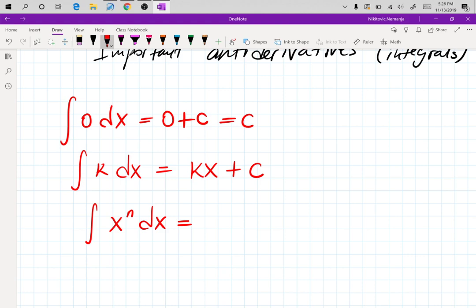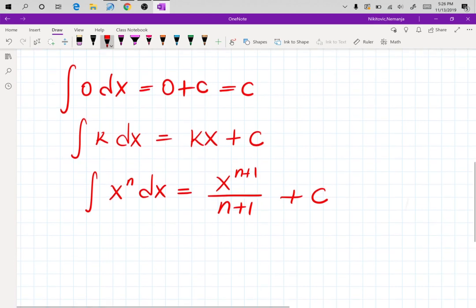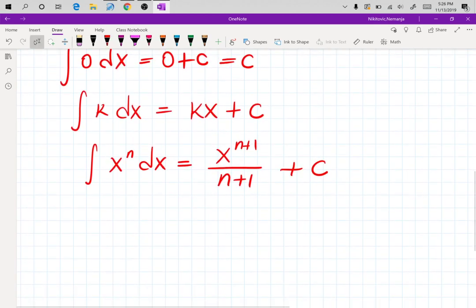And this one is x to the n plus 1 over n plus 1 plus c. Now, this particular formula is going to take care of, again, just like derivatives, 3 different types of functions. You can have x to the 6, which is a polynomial.